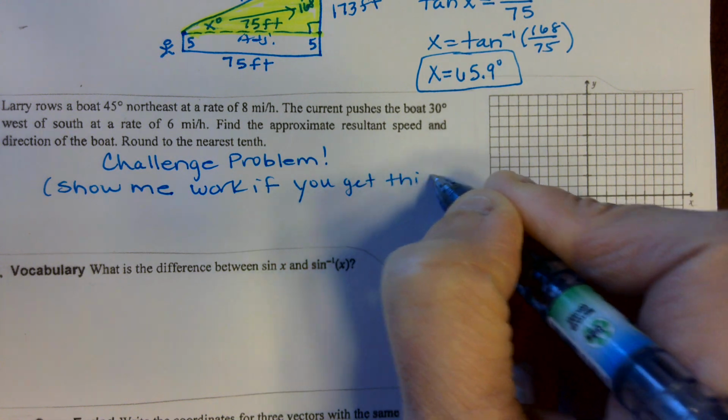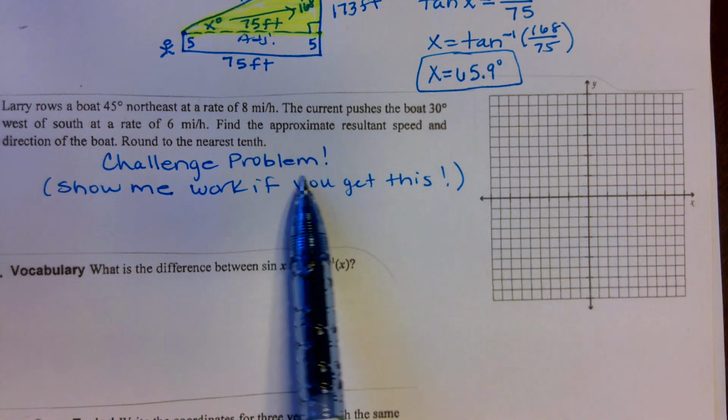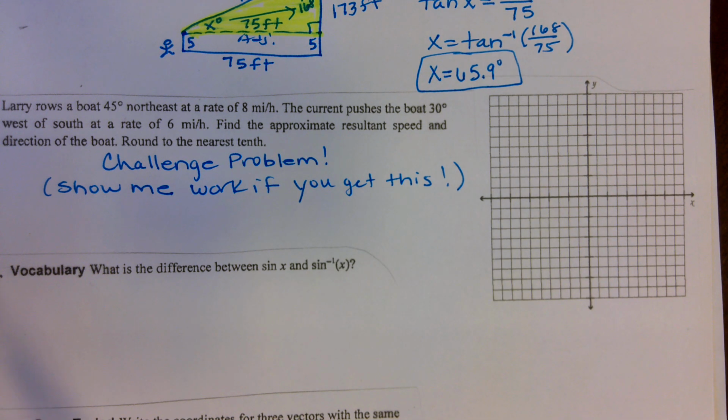No, I won't have one like this on the test, so it's not going to harm you not to have this explained right here now. But I would like you to see if you can figure this out. You get the Grand Poobah prize if you get this. That's right. I don't know what that is, but it's going to be pretty darn good.